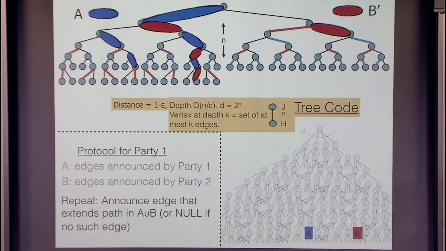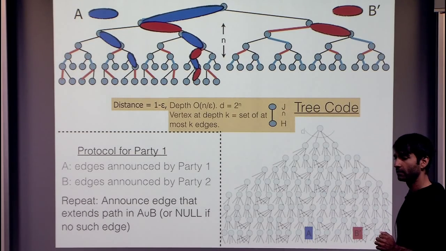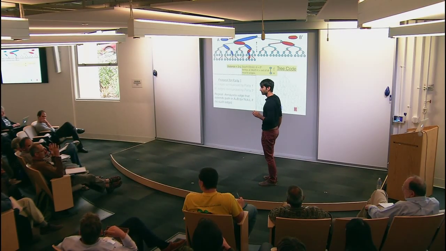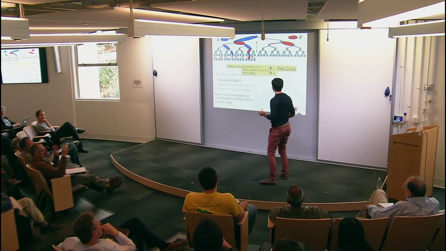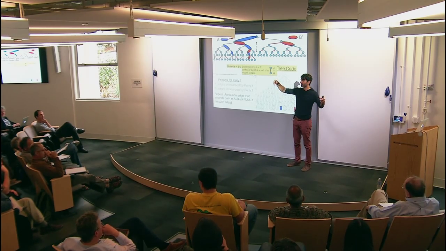So I'm not 100% clear. The red player sees the latest transmission from the blue player, and then he forgets everything he saw before and just... No. So the red player sees the latest transmission. He knows all the transmissions of the blue players. He decodes this entire string to a vertex in the tree code.